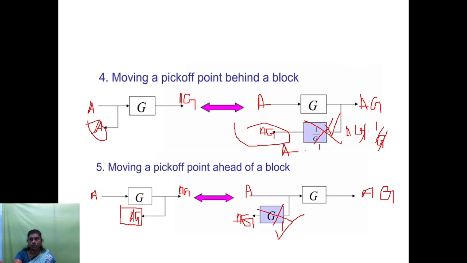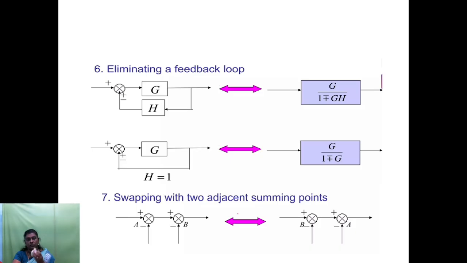In that way we have to follow the rules to reduce the block diagram, and this is a very important rule, that is eliminating a feedback loop. Here we have a feedback path with the gain H, and you may get both positive or negative feedback, so we have represented it as plus or minus.